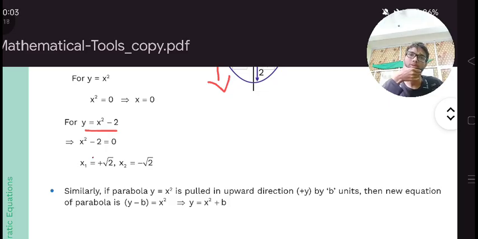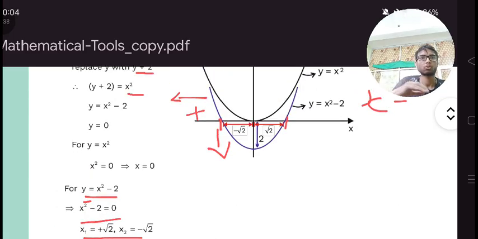Then if we put 0 in place of y, then x is equal to root 2, then x2 is equal to minus root of 2.